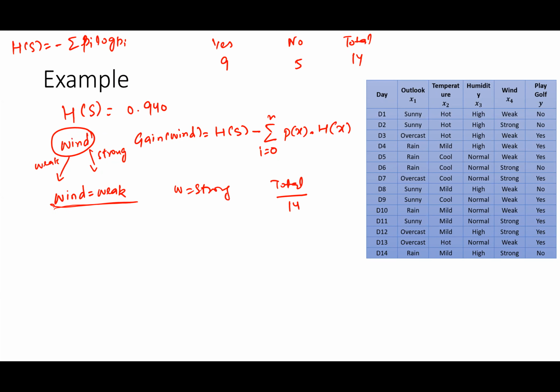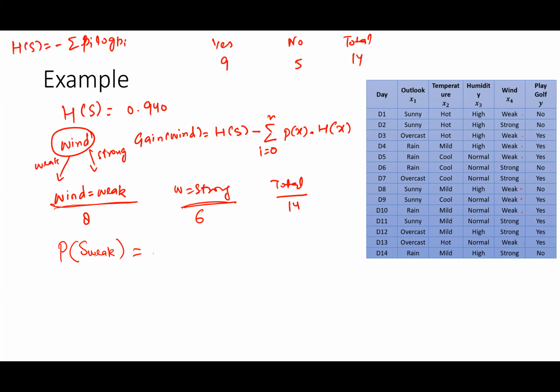So we just simply count it. 1, 2, 3, 4, 5, 6, 7, and 8. So in 8 cases, the wind is weak, and consequently in 6 cases, the wind will be strong.